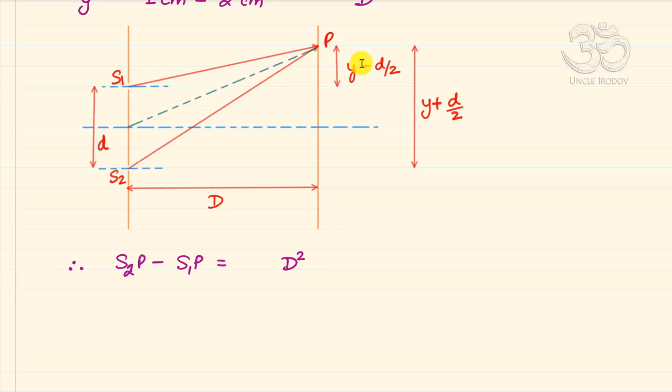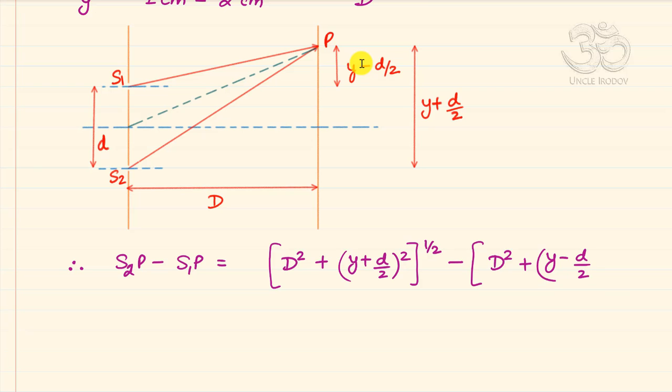No big deal, I can write anything first, but D square plus y plus d by 2 whole square, and all this expression raised to the power half, minus S1P, which will become big D square plus y minus d by 2 whole square, and all that raised to the power half.